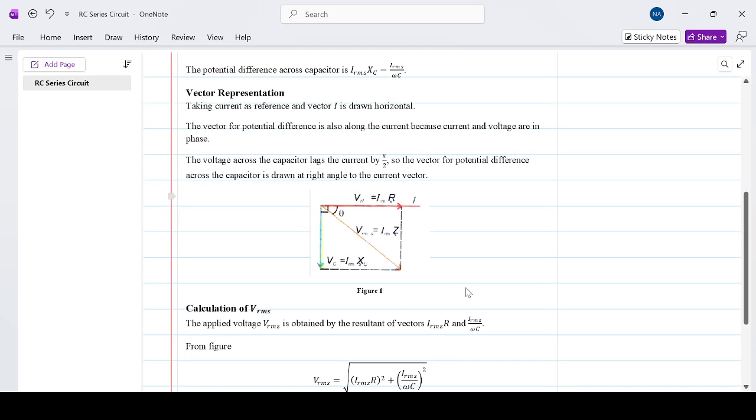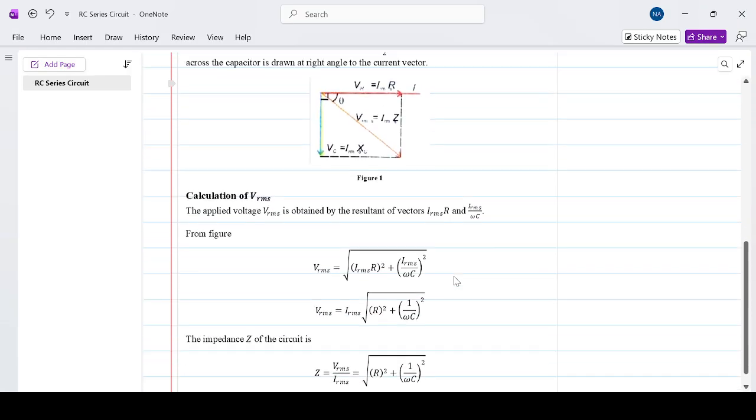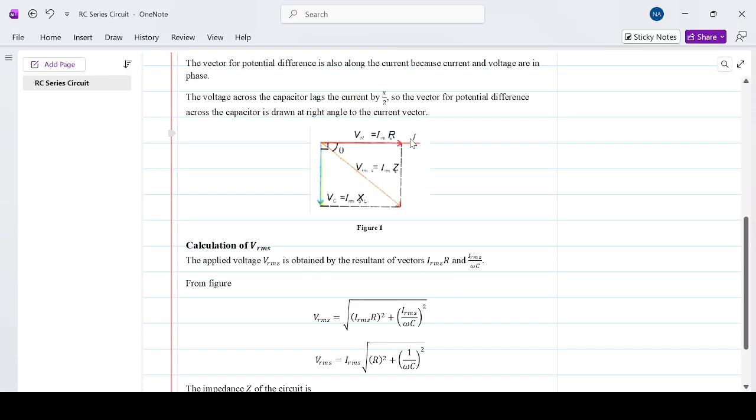And from the figure we see that the resultant of VC, that is voltage across capacitor, and VR, that is voltage across resistance, will be VRMS. From this vector diagram, the resultant of these two vectors, one representing VC and the other representing VR, the vector sum of these two voltages will actually be the VRMS.